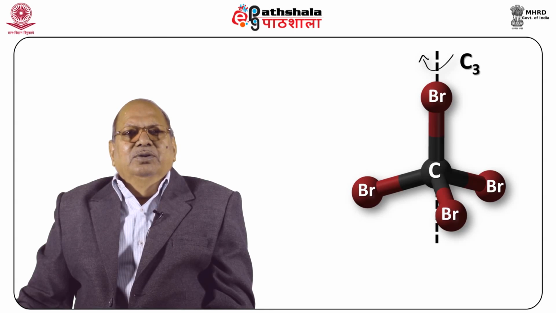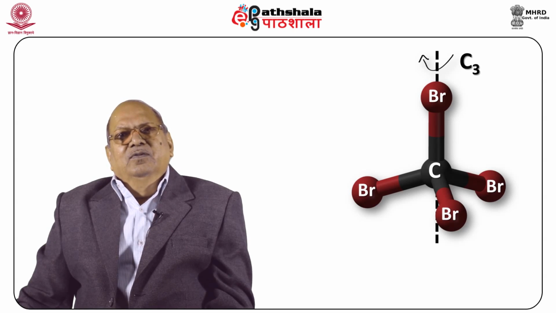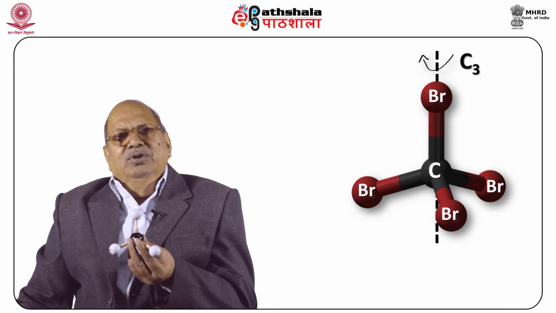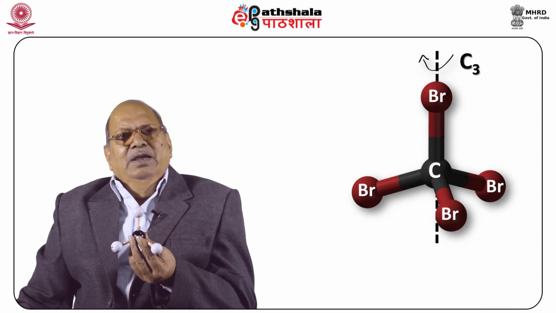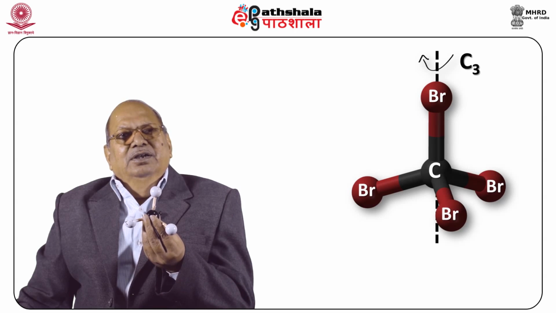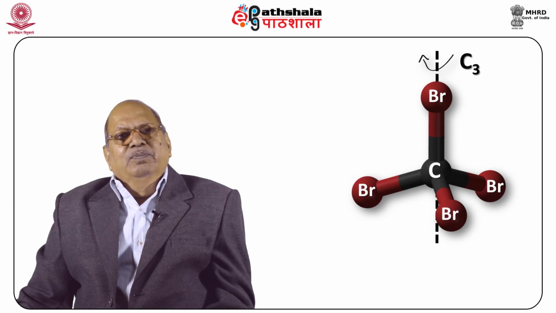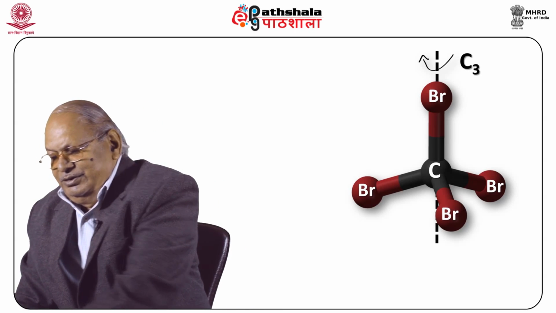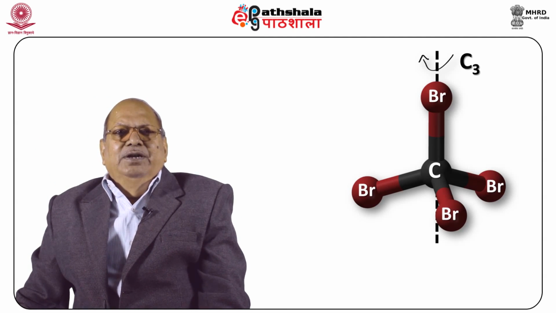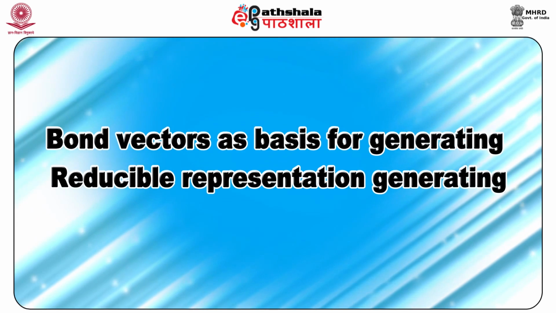Just by knowing this, I can get the reducible representation directly, without multiplying by the character. So this is for tetrahedral molecules. Earlier I took only the 3n Cartesian coordinates, and here I have explained using bond vectors.